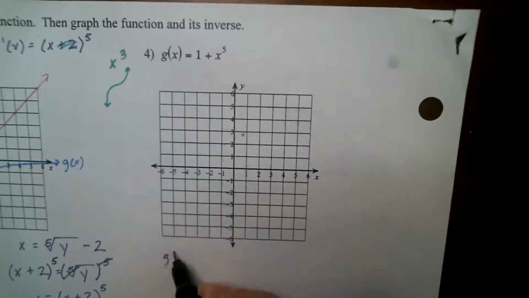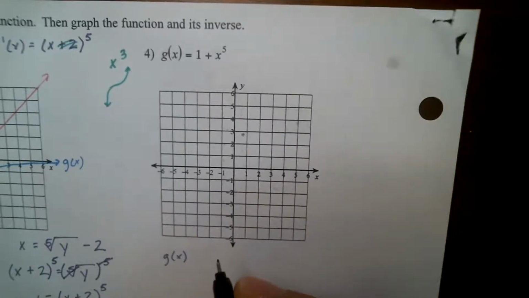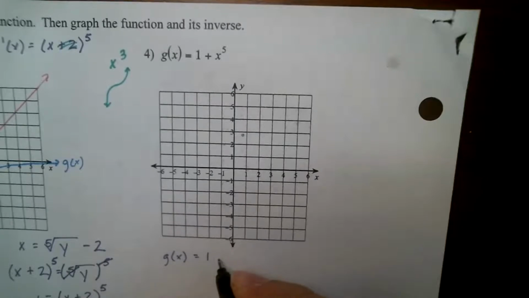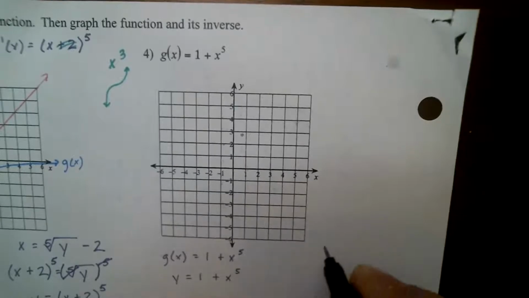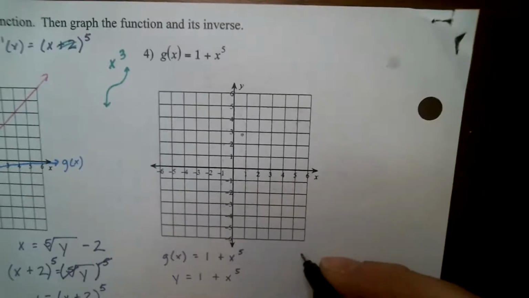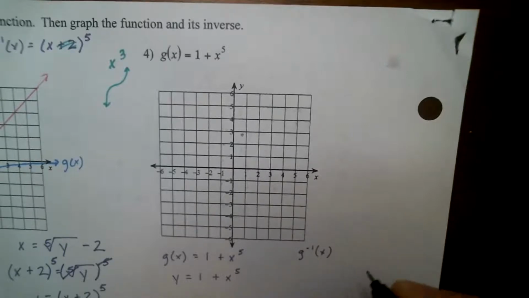I have g of x. g of x is equal to 1 plus x to the 5th, which we know is just y equals 1 plus x to the 5th. So the inverse, g to the negative 1 of x, would simply be x equals 1 plus y to the 5th power.